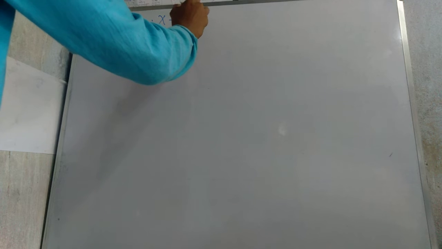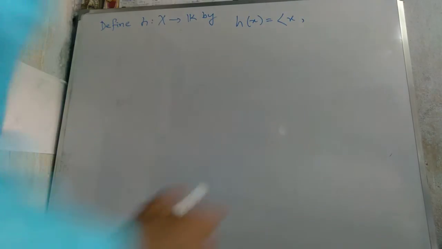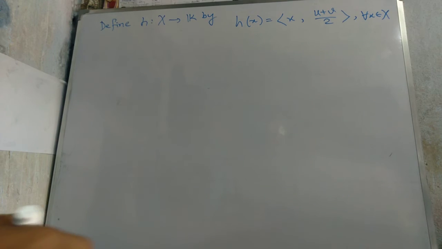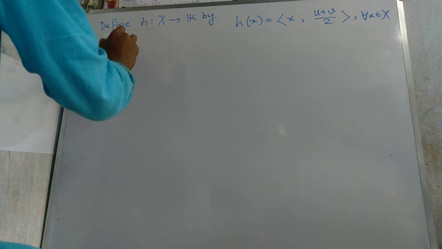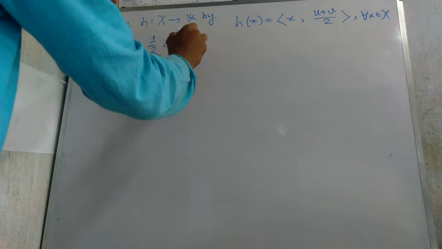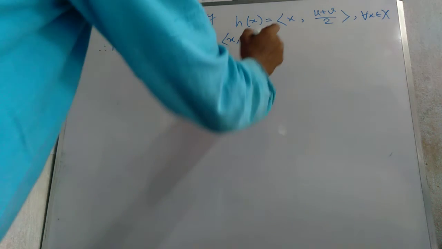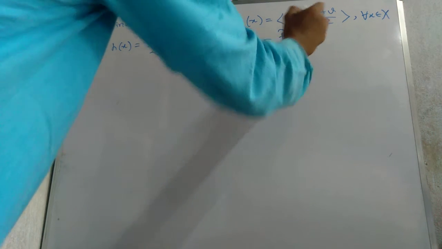Then define here h: X to K, h(x) equal to inner product of x and (u plus v) by 2 for all x belongs to X. Now here h(x) equal to half of inner product of x and u plus half of inner product of x and v, equal to (f delta(x) plus g tilde(x)) by 2.